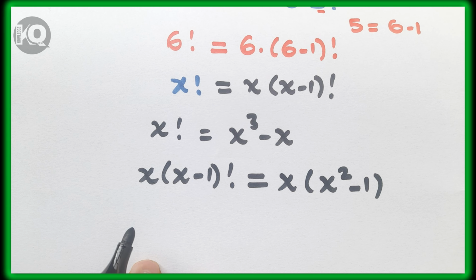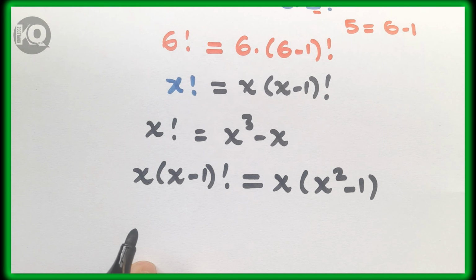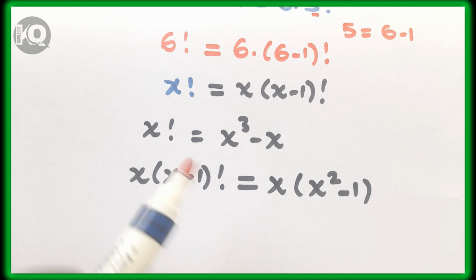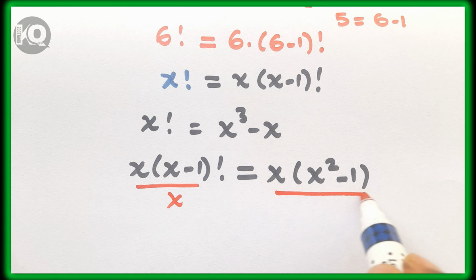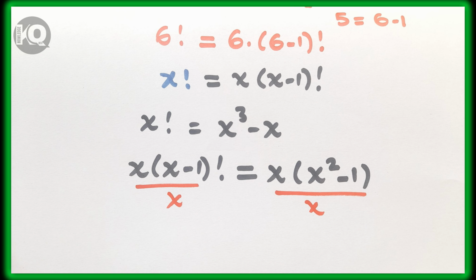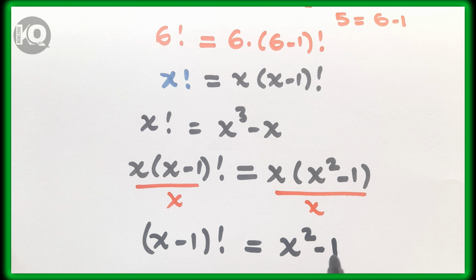So we can divide both sides by x. The remaining will be x minus 1 factorial, which is equal to x squared minus 1.